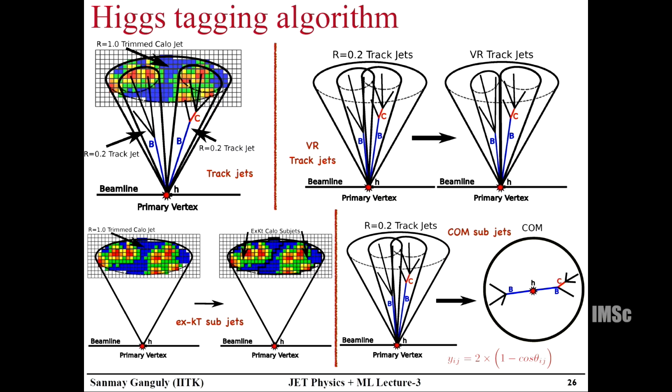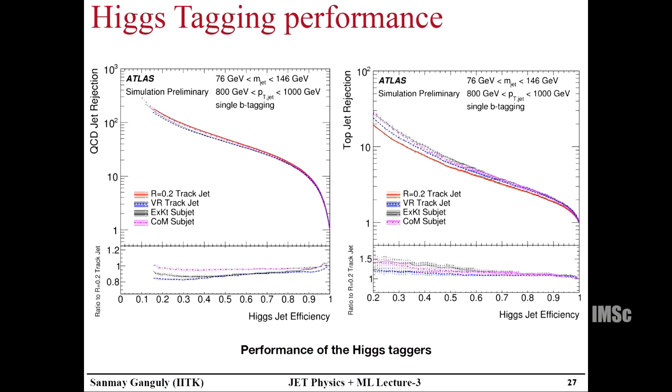Okay. So these are the Higgs taggers which we have, and here is their performance. When we have, let's say, 70% Higgs tagging efficiency, it's 10 in rejection, which means 10% is the background contamination. These are the kind of performance we have for the taggers.